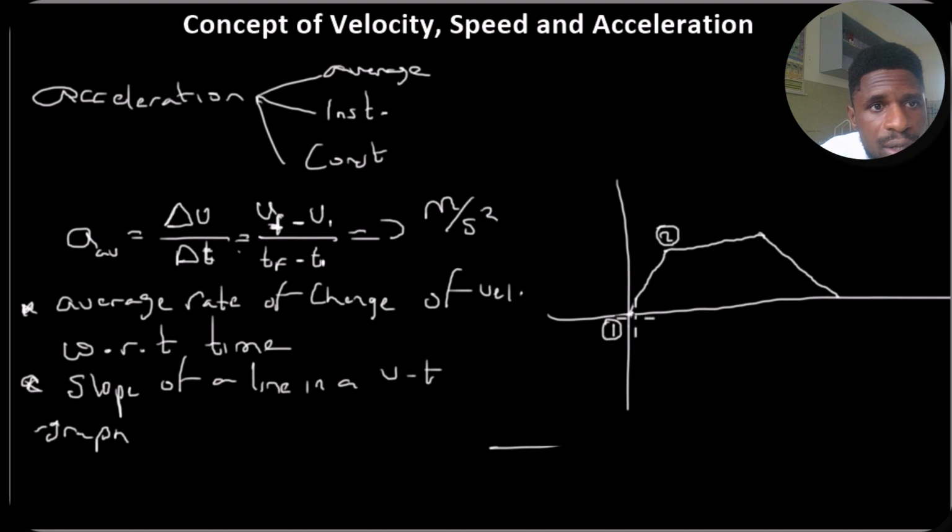Now, if I were to find the acceleration between point 1 and 2, what I simply need to do is to find the slope of this line. Remember, the slope of the line is constant. It doesn't really change. Now, this graph would give the average acceleration, on a VT graph. For an xt graph, if you take the slope of the line, you are getting your average velocity, not average acceleration.